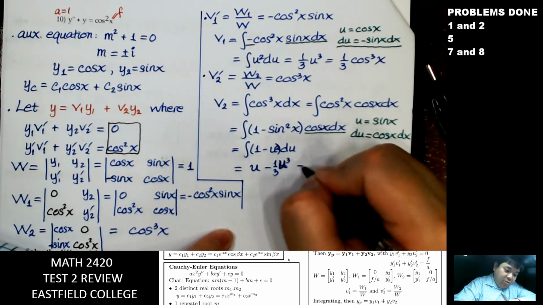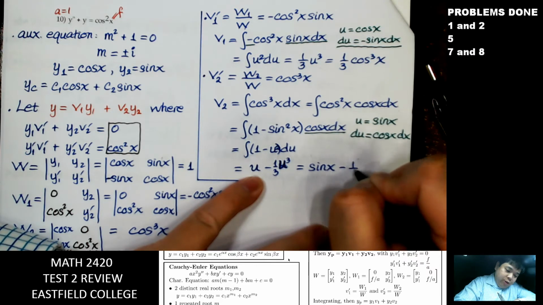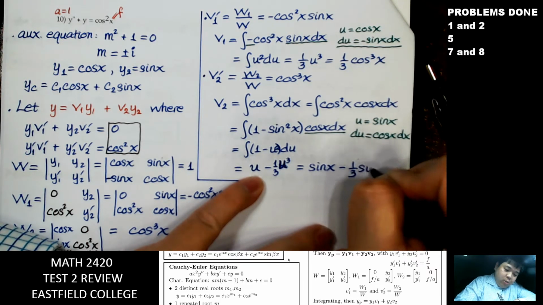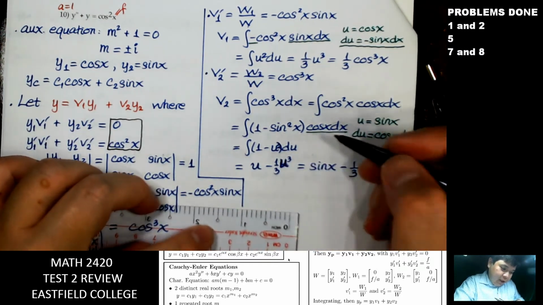We don't need the constant, sorry. So be sine x minus 1 over 3 sine cube x. So that is V2.